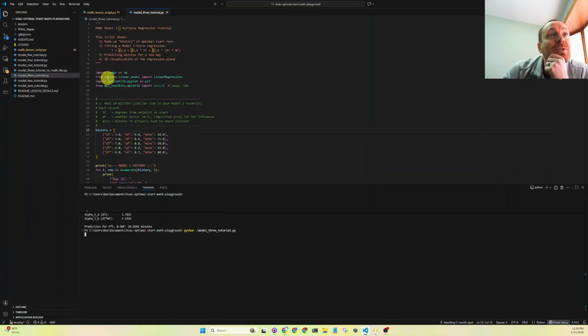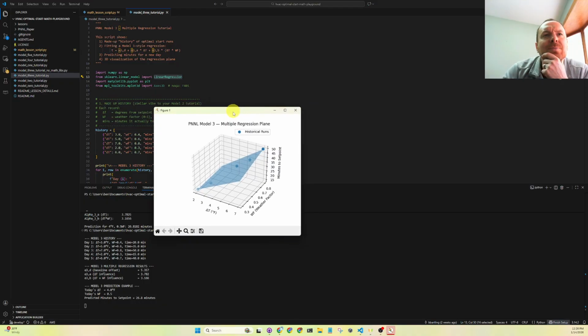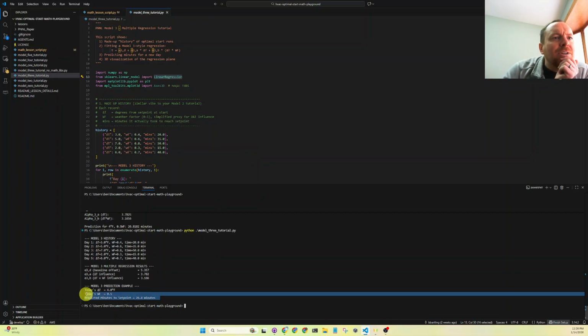I think we talked about this earlier, because of scikit-learn running the linear regression, and also this code makes a neat little plot for this 3D. So it's pretty cool. With the fancy math libraries, they get the same results, 26.8 minutes. Pretty cool.